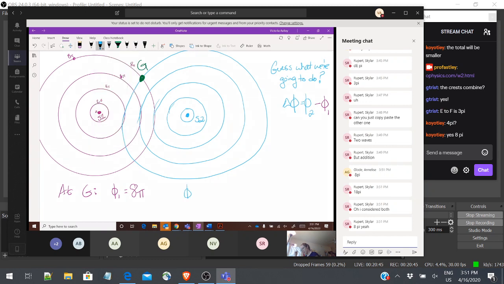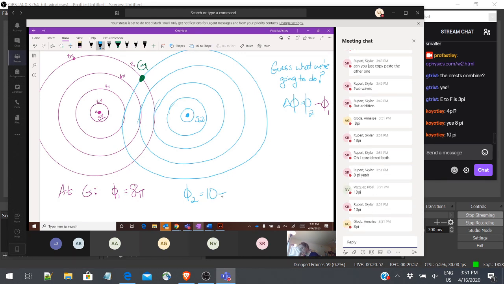from the blue. Ten pi. Yep. Okay. So I'm going to make a note that these are identical waves.